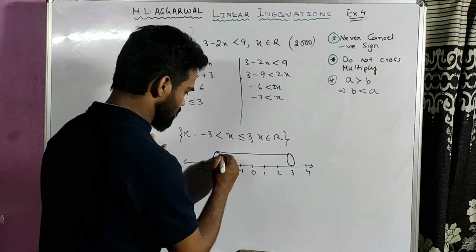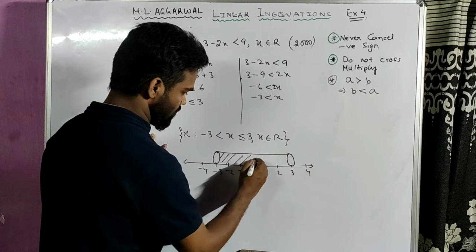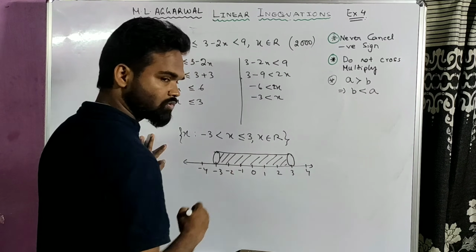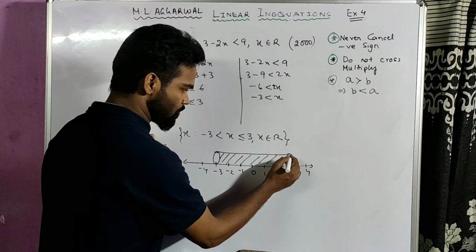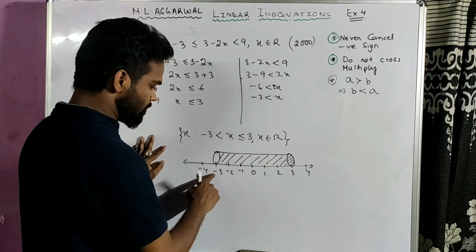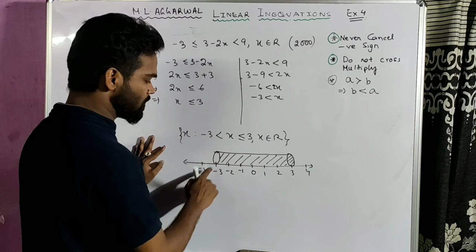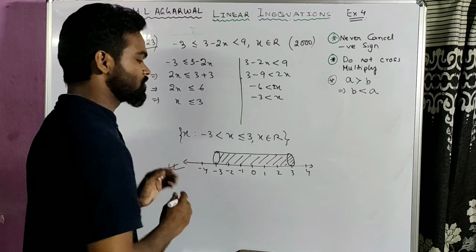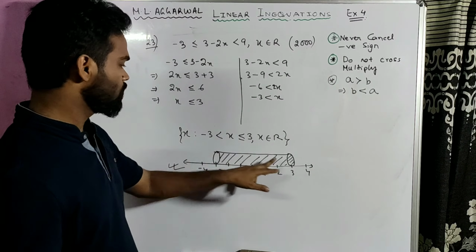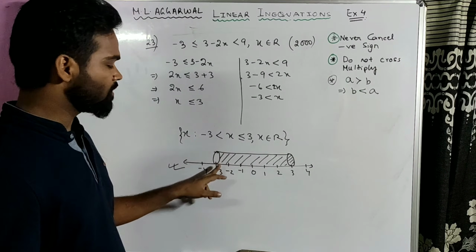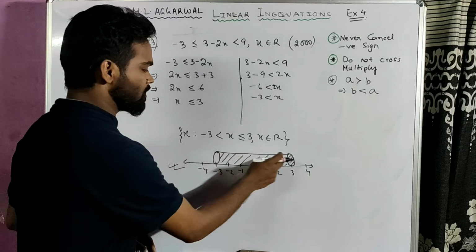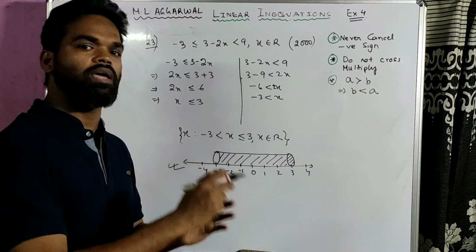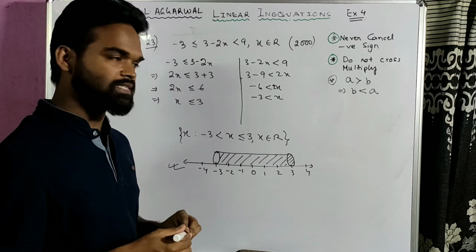Look carefully, all the values belonging over here are our solution set, plus 3, so we'll shade 3 also. Minus 3 does not belong, so we are not shading this part. So this is your solution set. Equal to, we shade. If the equal to is not there, we do not shade that part, and we have to shade the part between them because they all are included in our solution set.